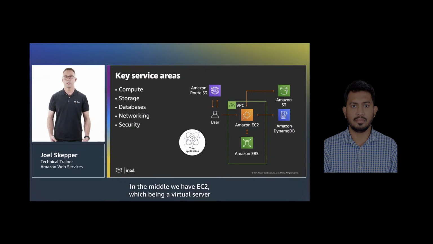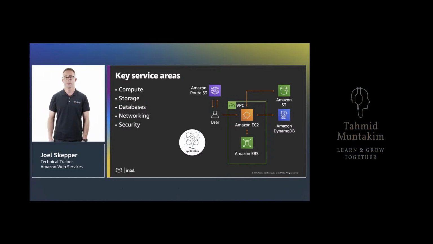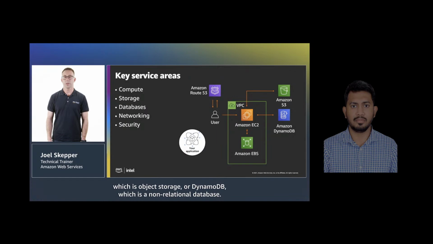In the middle, we have EC2, which, being a virtual server, hosts the actual web application. The application is stored onto an EBS volume, which provides block storage to the EC2 instance. The EC2 instance is deployed into a VPC, which provides networking access. As far as data sources go, the EC2 instance can access data in S3, which is object storage, or DynamoDB, which is a non-relational database.